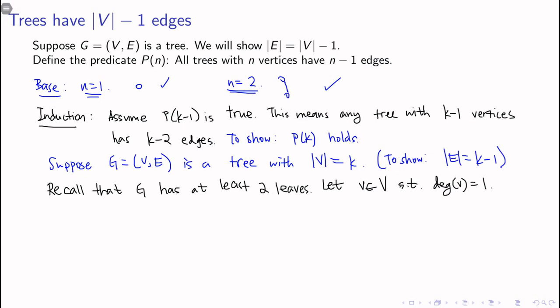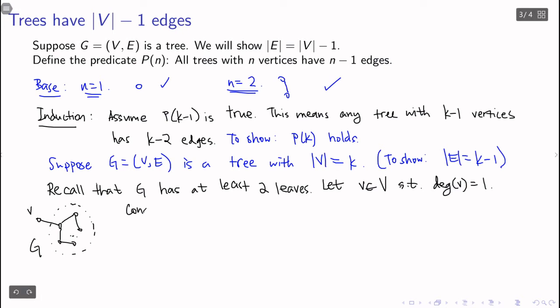Okay, so what that means is you have your graph G, it's a tree, you have V, which is a leaf, and it's connected to some other stuff here. Okay, so let's remove V from our tree.